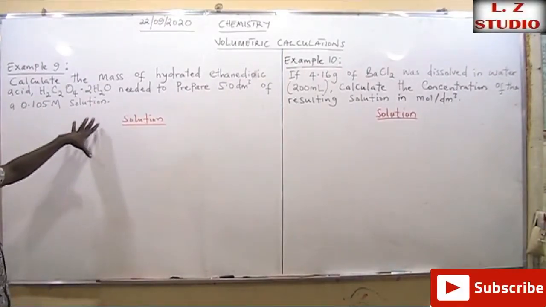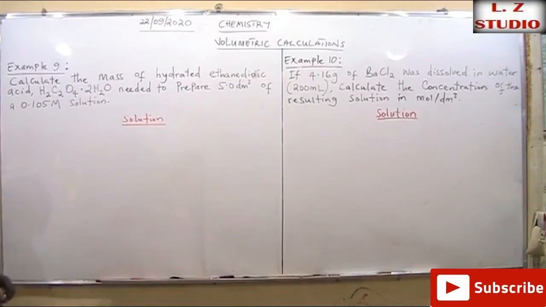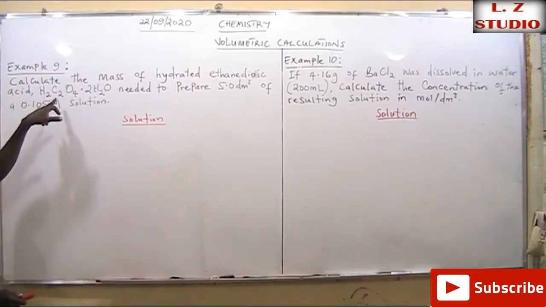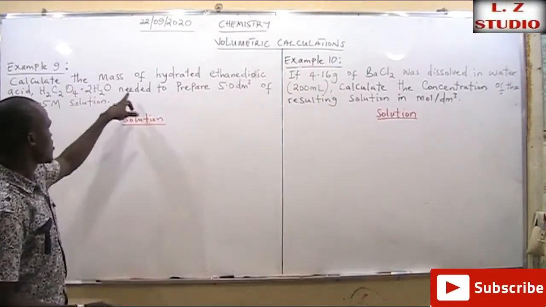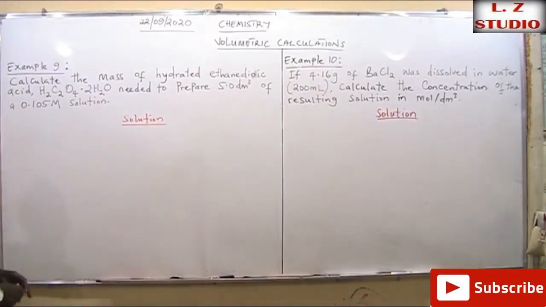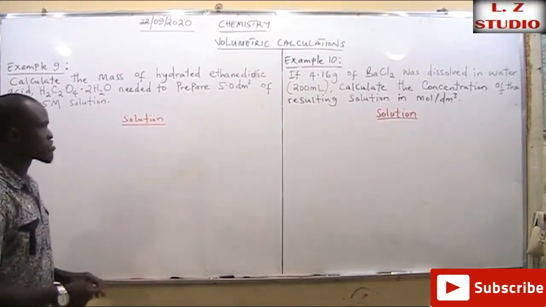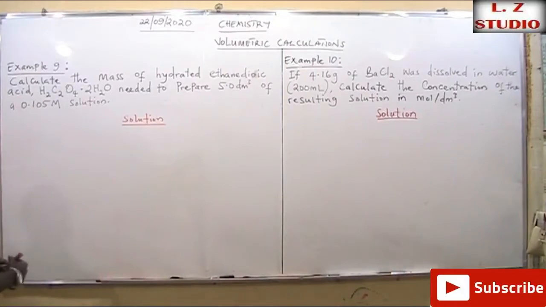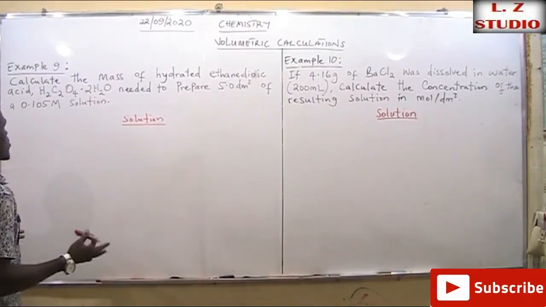Example 9 says: calculate the mass of hydrated ethane dioic acid, which is this, needed to prepare 5.0 dm cube of 0.105 molar solution. Now, you get to observe which formula we are going to use.